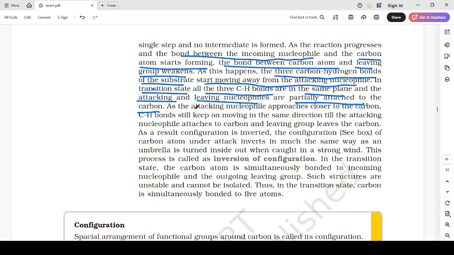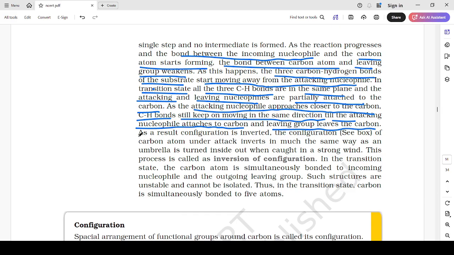As the attacking nucleophile approaches closer to the carbon, the CH bonds still keep on moving in the same direction till the attacking nucleophile attaches to the carbon and the leaving group leaves the carbon. They keep on moving in the same direction only, same kind of forces happening on them.